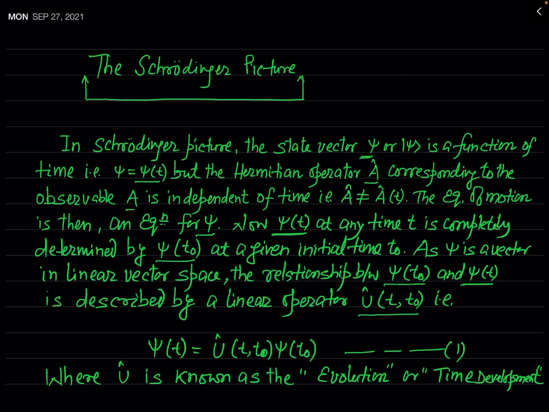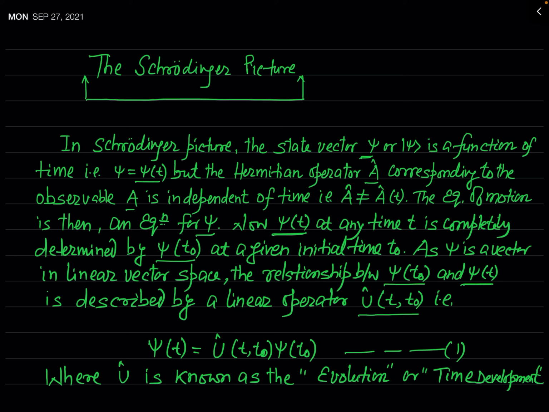I have discussed that unitary operator earlier, so you can remember it. If you do not remember, go through the previous lecture on mathematical formulation, particularly the unitary operator, and then you will understand these things clearly.